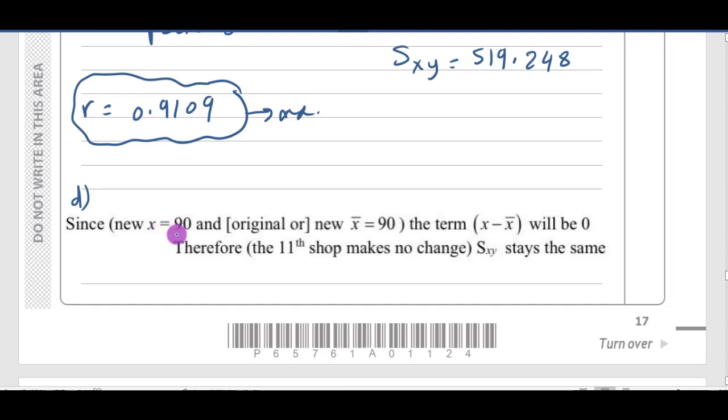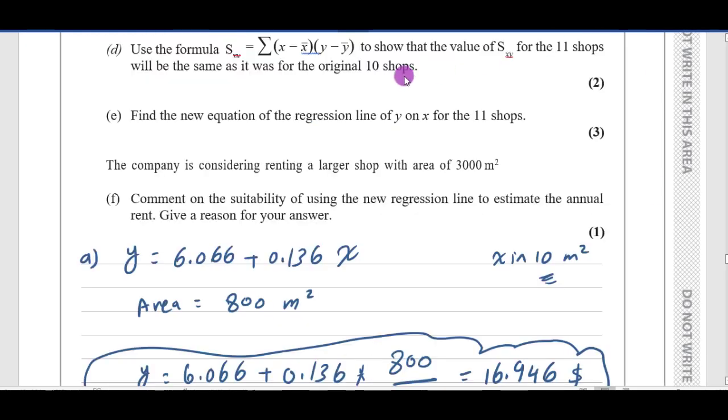Since the new x is 90 and the original x bar is also 90, then x minus x bar will equal 0. Therefore the 11th shop makes no change in SXY.